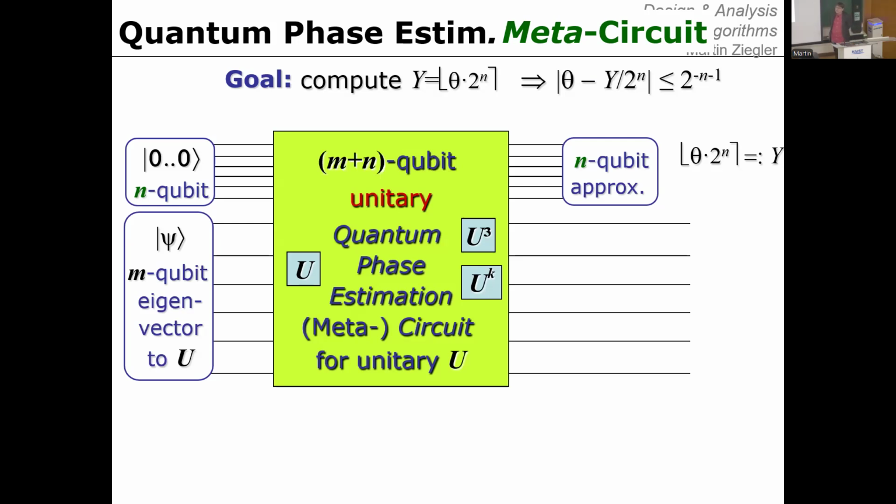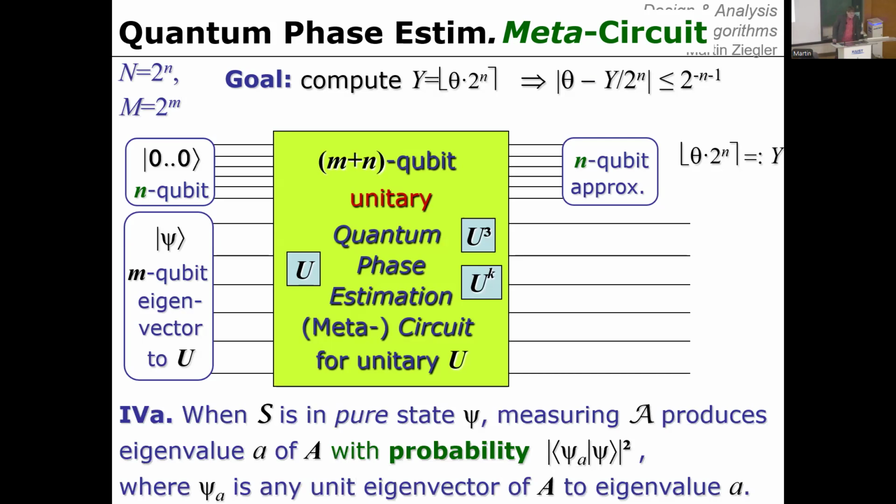So the quantum phase estimation circuit that we're going to design has m plus n qubit input, m qubit input for the promised eigenvector, n qubit input for the dummy zeros, and m plus n qubit output. It later turns out that n, the approximation error, can be something like 2m.